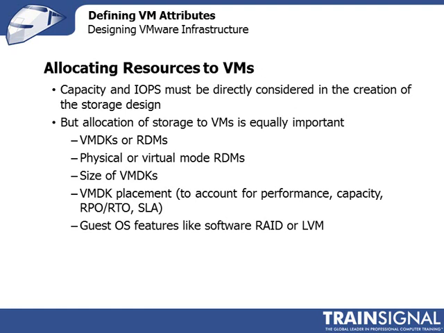In addition, you must also consider the upper level of the VMDK size at 2 terabytes minus 512 bytes, because you may have workloads that need more than that. So how are you going to address that if that is the case? VMDK placement to account for things like performance or capacity, RPO, RTO, or SLA. For example, if you are creating a design in which you're going to be using replication and Site Recovery Manager, then VMDK placement is very important, because you have to make sure that you place VMDKs that have similar RPO, RTO characteristics on data stores that provide that via replication.